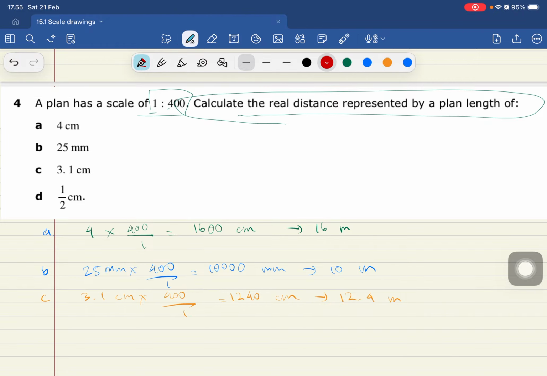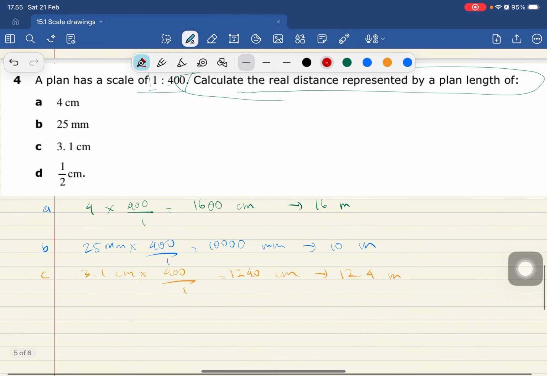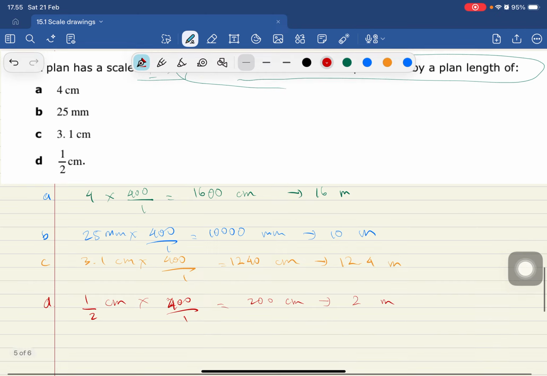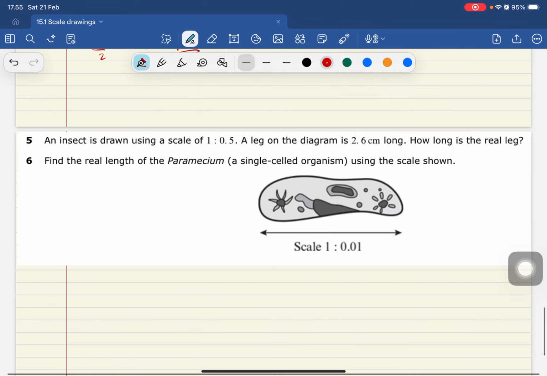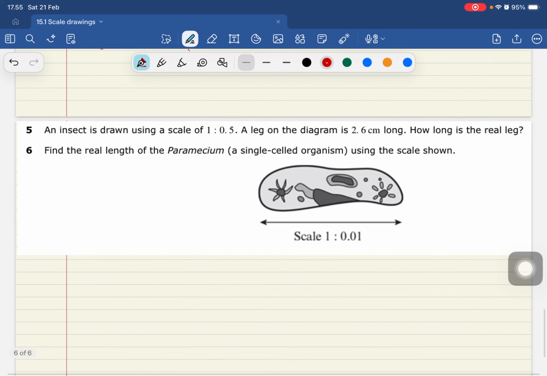Next is D, 1.2 centimeter. We multiply by 400 over 1, so we get 480 centimeter. We can change it into meter, so the real life is 4.8 meter. Next, number 5. An insect using a scale drawing of 1 to 0.5. A leg on the diagram is 2.6 long.